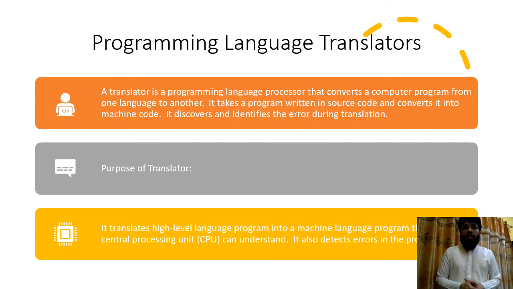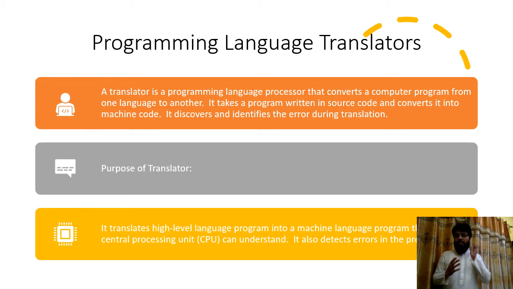So here are the different types of programming language translators. A translator is a programming language processor that converts a computer program from one language to another. That means a programming language which we process in a computer, for example C, Java or Python.